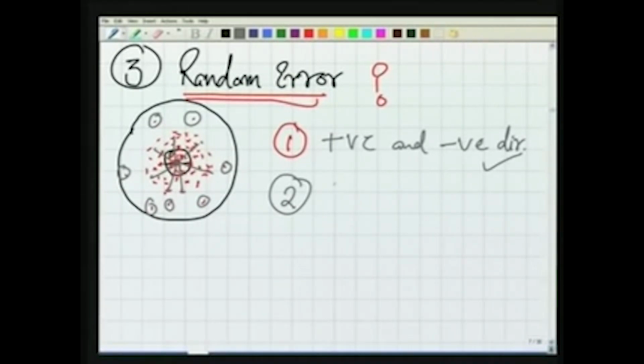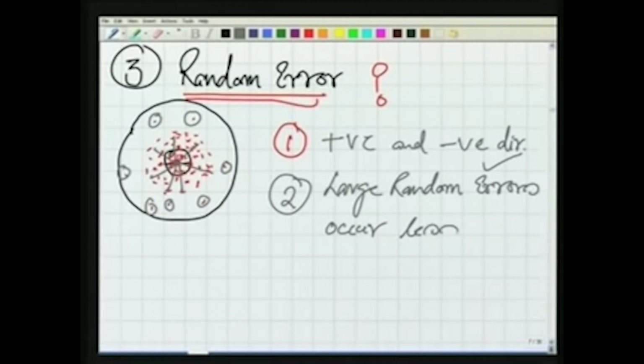So we can say large random errors occur less, while small random errors occur more. Okay, we will see in a moment some further things about random error.